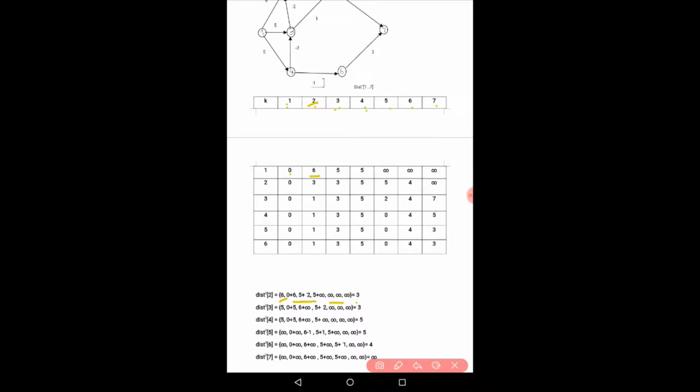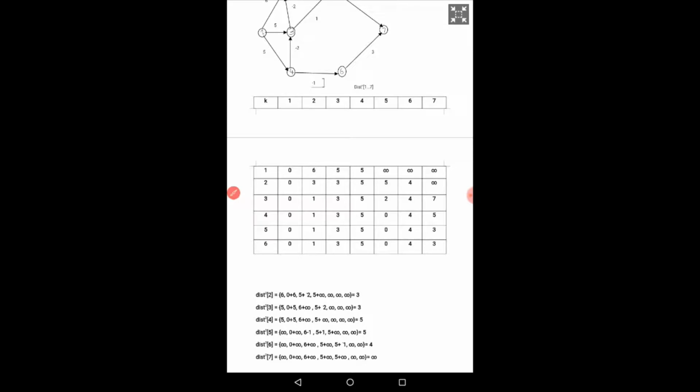So first, the previous value of this one we have written, now we are trying to fill this cell. The previous value we have written here is 6, comma, then now we have to write the distance from node 1. Now we are doing it for node 2, so we have to write the distance from 1.